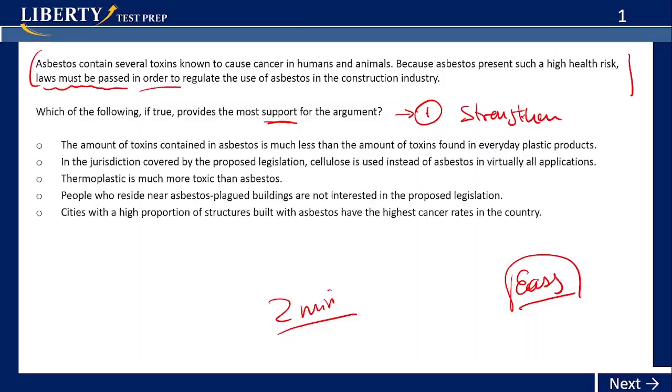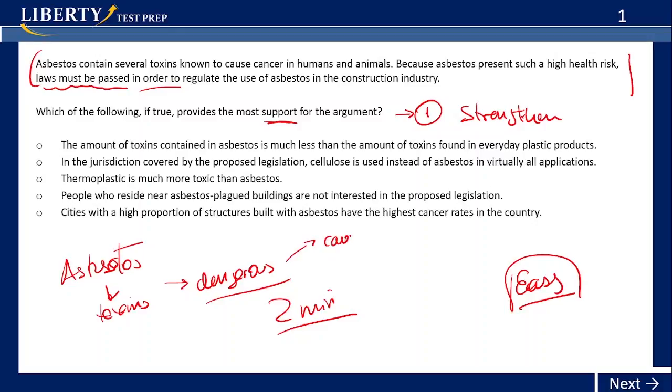Now, something that tells me that asbestos and its toxins are dangerous. We already know they're dangerous, so we don't want to keep on repeating they're dangerous, but they give us one type of danger. They say this asbestos causes cancer. Not only that they cause cancer, now we have to add some other sort of information. Maybe it causes the worst type of cancer possible.